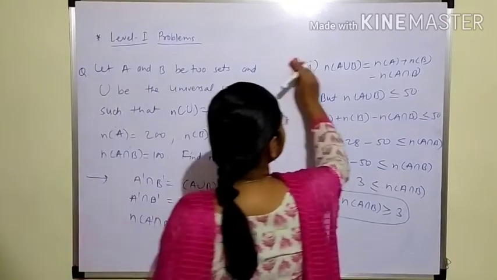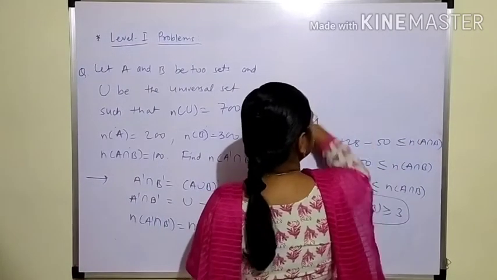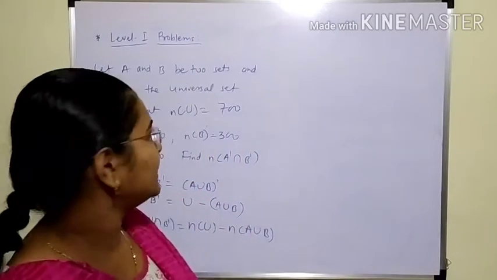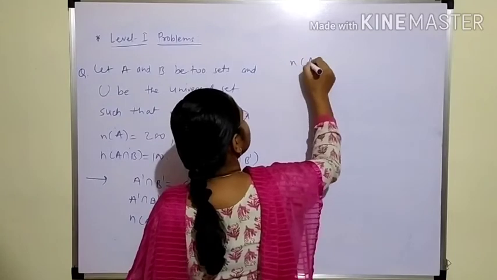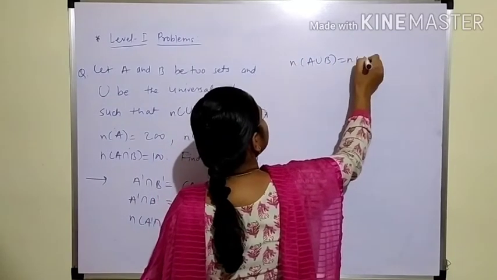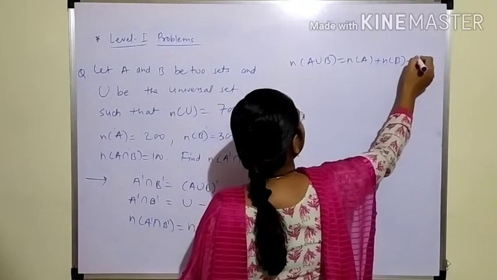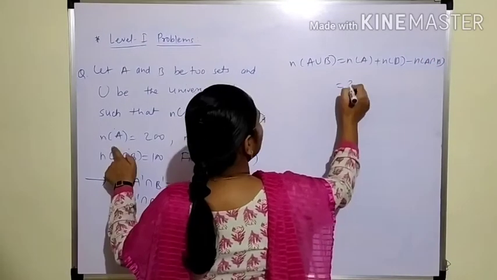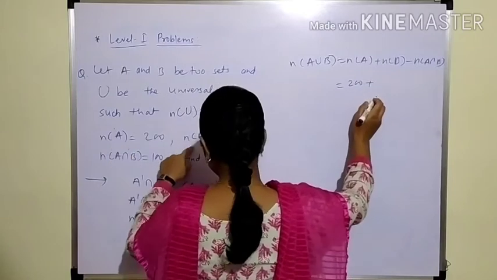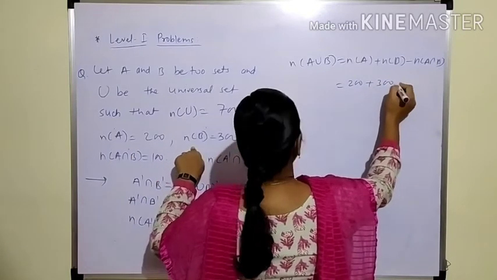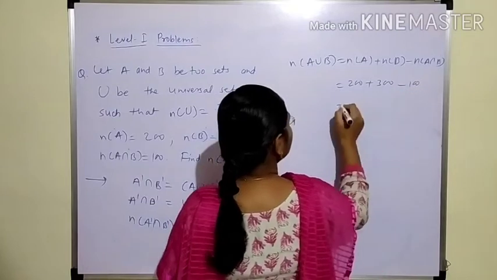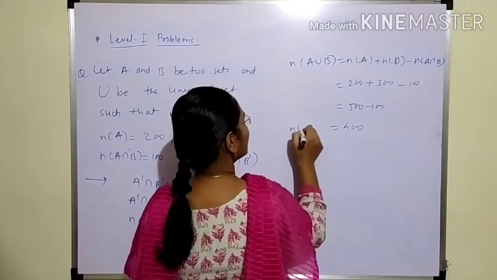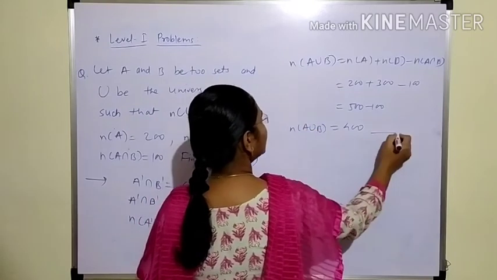The number of elements in A union B is the number of elements in A plus the number of elements in B minus the number of elements in A intersection B. So 200 plus 300, and the intersection has 100 elements. So 500 minus 100 equals 400. So the number of elements in A union B is 400.